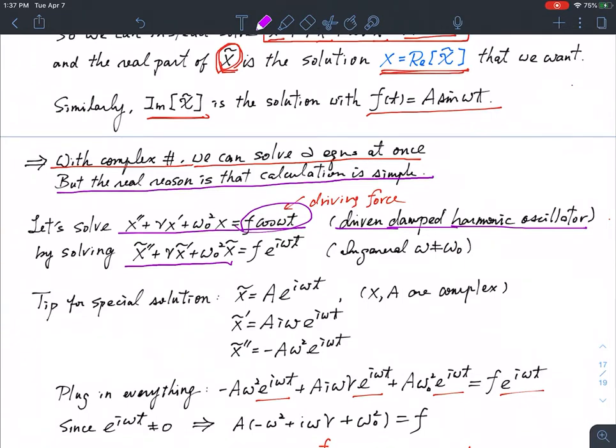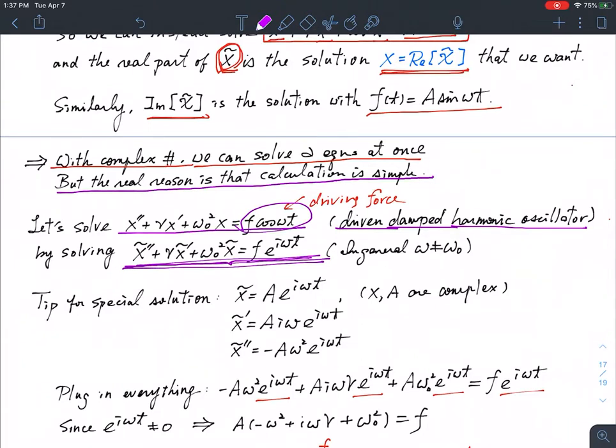And cosine omega t is also generalized into e^{i omega t}. Essentially, what we do is add a second sine omega t equation into here. So now let's try to solve the second equation.